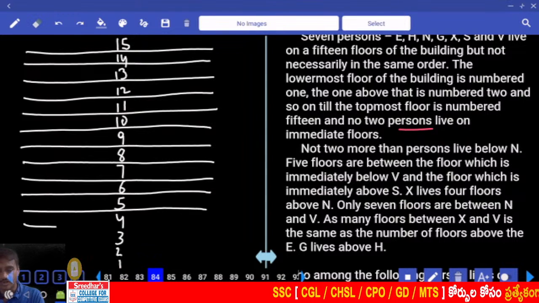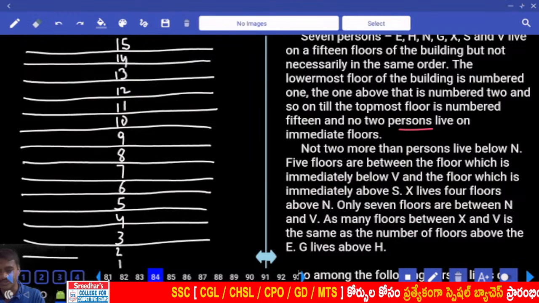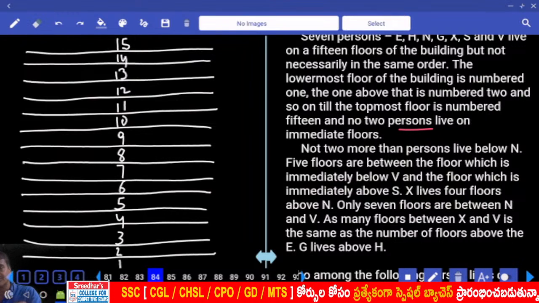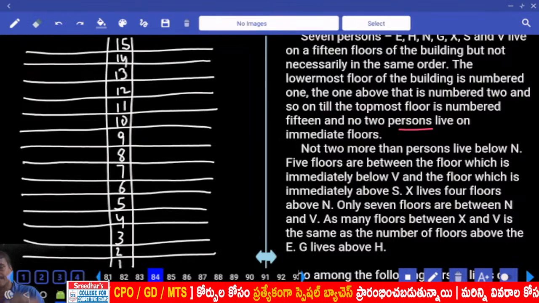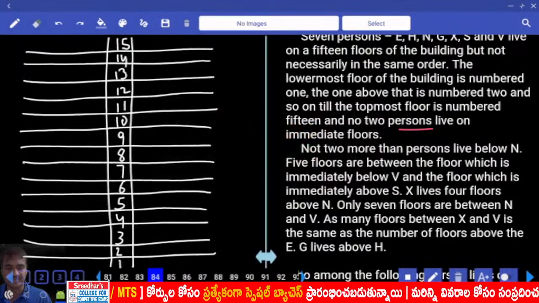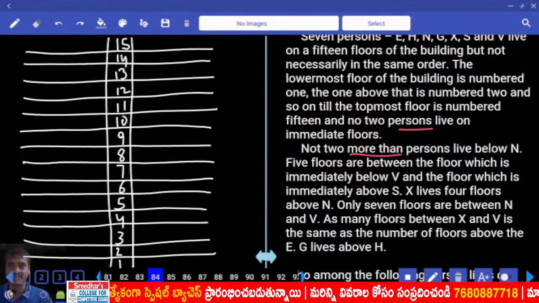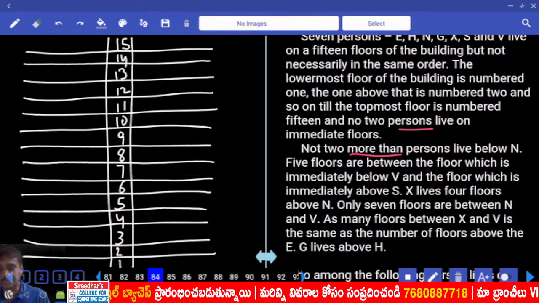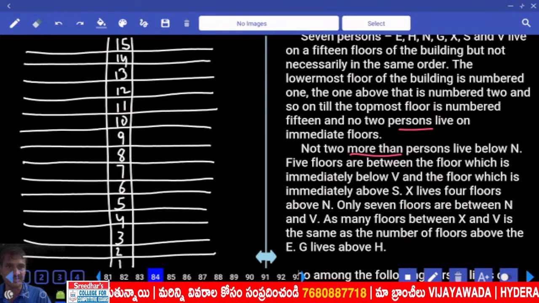Whether all the persons are staying on odd number floors or all the persons are staying on even number floors, because we have only 15 floors, and out of this 15, there are 7 persons. Then the first one: not more than 2 persons live below N. Below N, not more than 2. That means how many persons? Either 0 or 1.